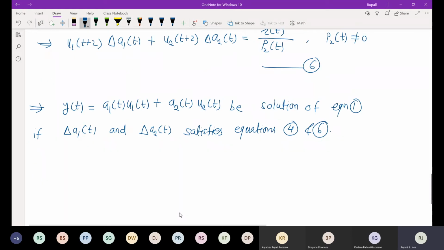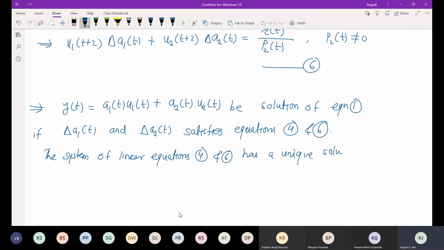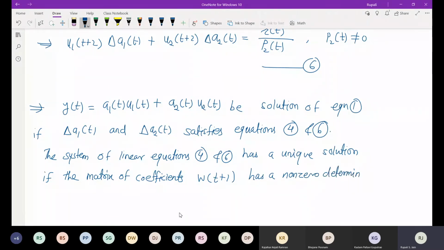The system of linear equations, two equations in two unknowns, 4 and 6, has a unique solution if the matrix of coefficients, that is nothing but its Wronskian W(t+1), has a non-zero determinant. Wronskian means determinant.